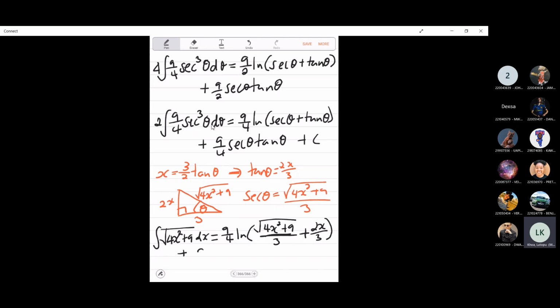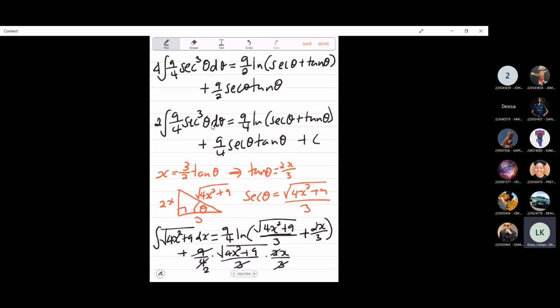And then we have 9/4 sec theta, which is the square root of 4x² plus 9 over 3, and then tan theta 2x over 3. So those will cancel, and the 4 in there.